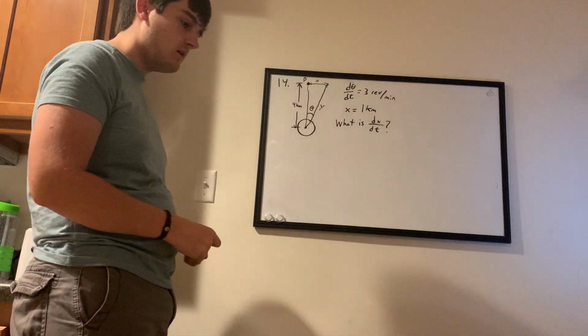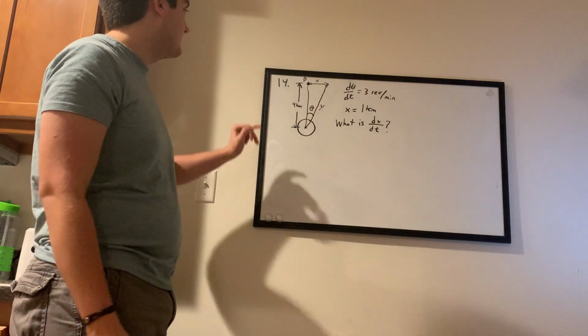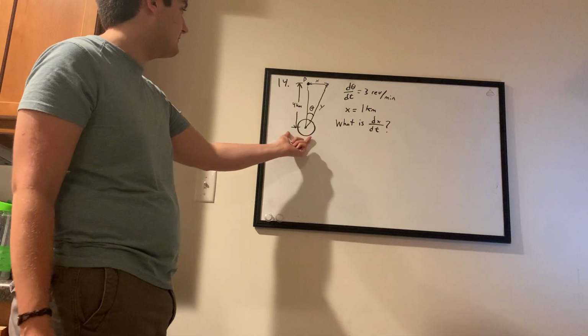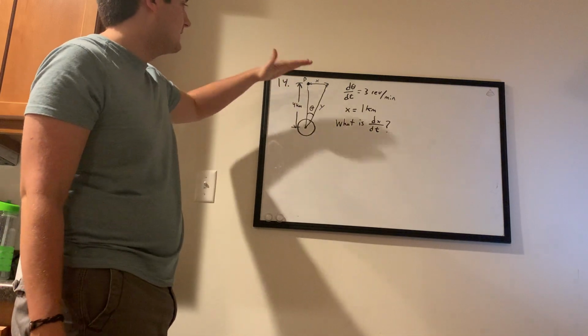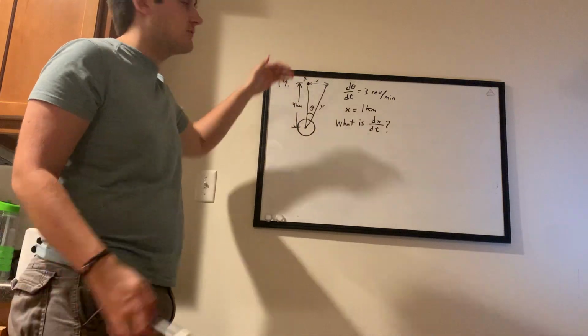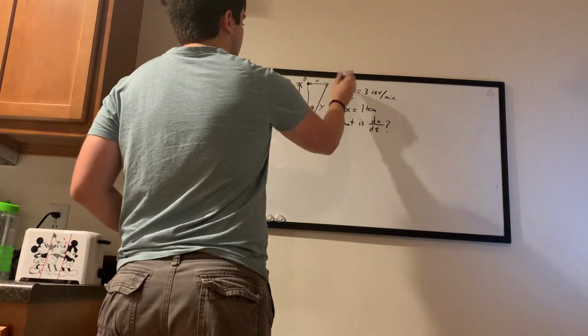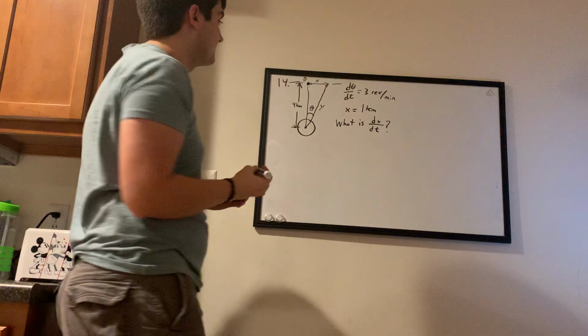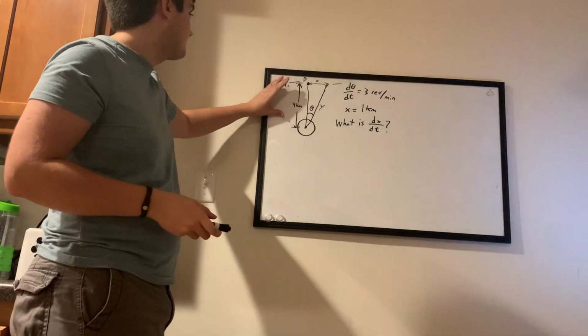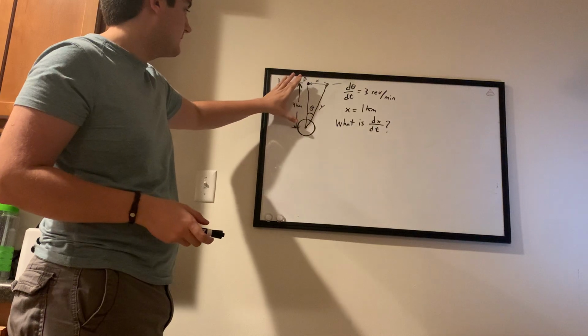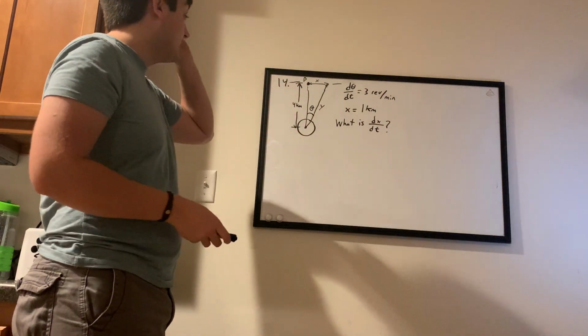So, what we have going on here is a lighthouse. From the nearest point on this shoreline, so this area right here is the shoreline of some particular shore, the closest point is 4 kilometers away from the lighthouse.